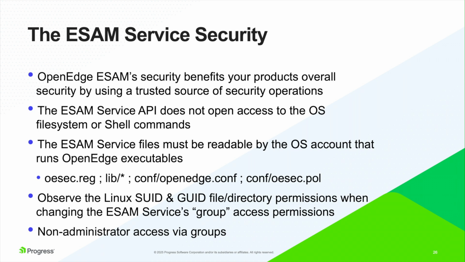We do not set the set UID for common security installations, but you do have available the GUID permission, so that when your OpenEdge product runs, it assumes the read access into the ESAM service.